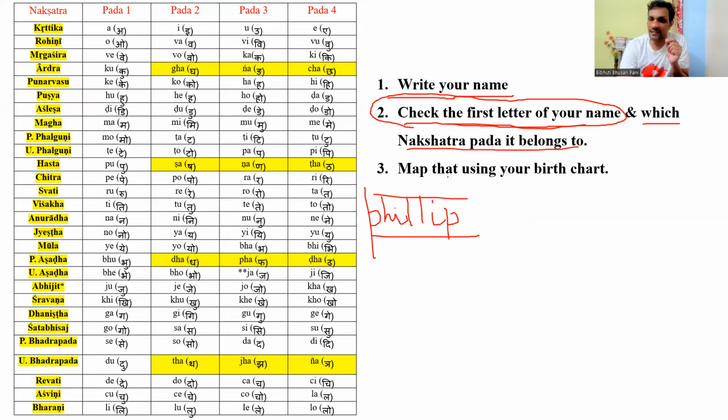If someone is named Philip, the first letter is F, and you need to identify out of these nakshatras which nakshatra pada has the letter F. F is somehow linked with Purvashadha. This Purvashadha nakshatra has F. So if your name is Philip and the starting letter is F, it is linked with Purvashadha, and it is in Dhanu Rasi.